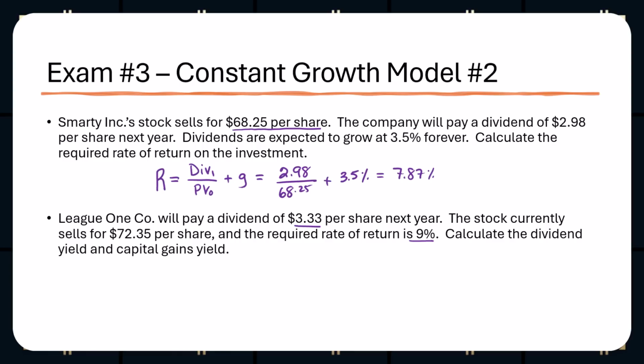Now recall that our total return is simply equal to our capital gain percentage plus our dividend yield.